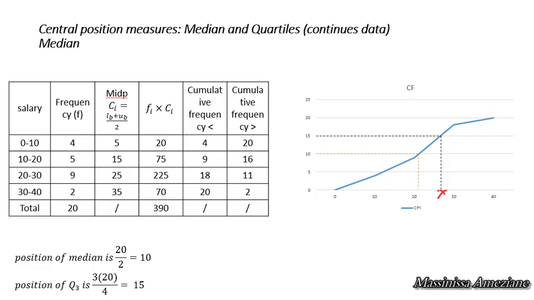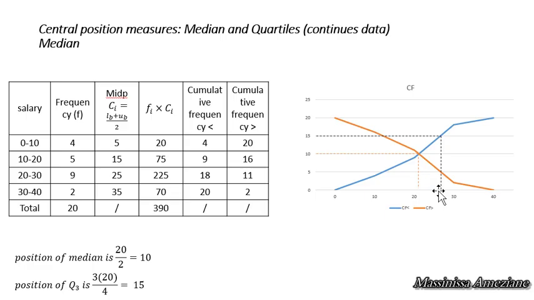As additional information, you have to know that the cumulative frequency less than and the cumulative frequency more than intersect exactly at the median.